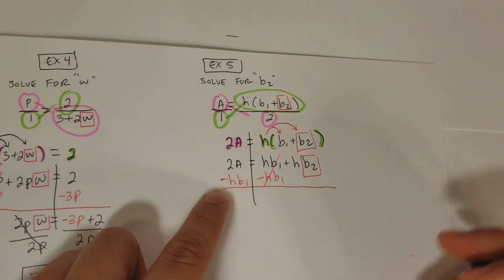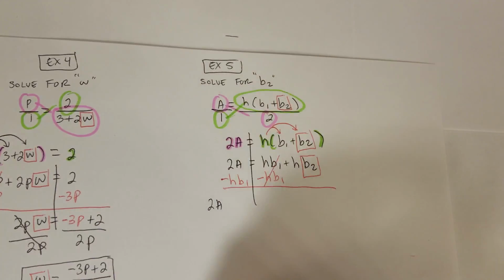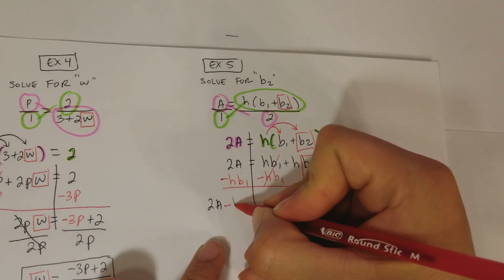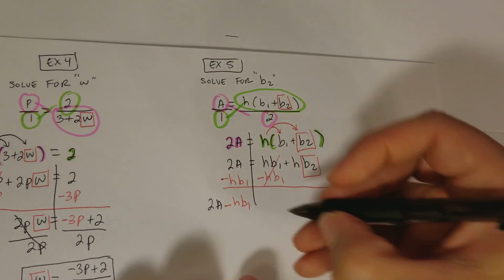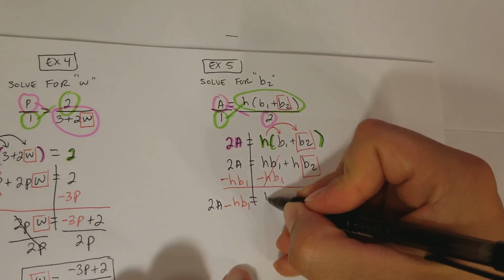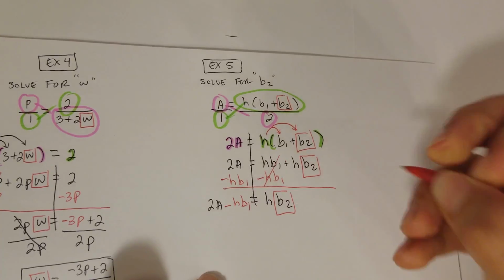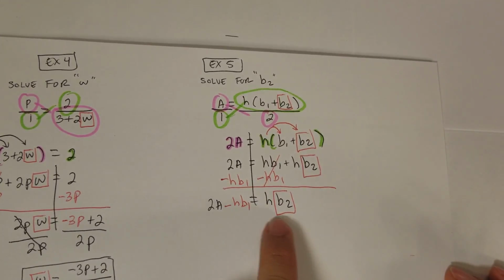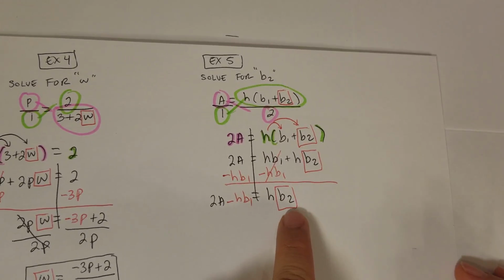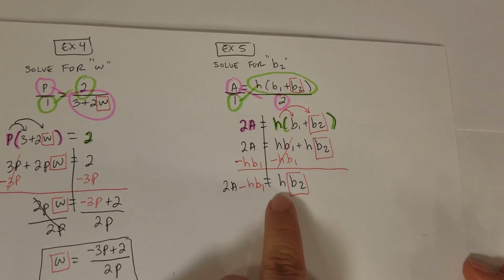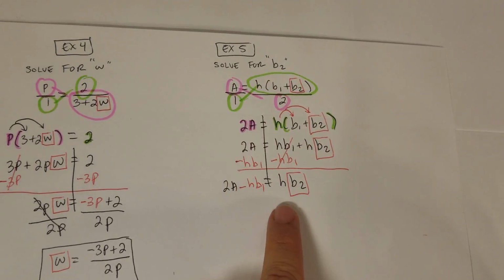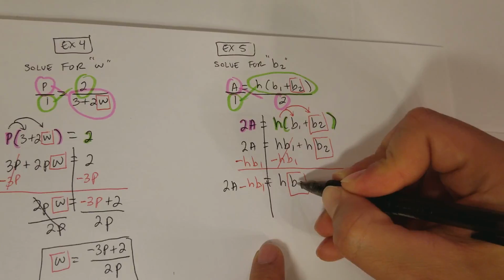So 2a minus hb1, we can't combine those two, so I'm just going to rewrite it longwise. And then that's going to be equal to that stuff on the right side, which is hb2. So we get that is equal to that. Almost done. So we just got to get rid of the h now. And it looks very familiar, right? So if you want to get rid of the h, we have to divide by the h because it's being multiplied right now.